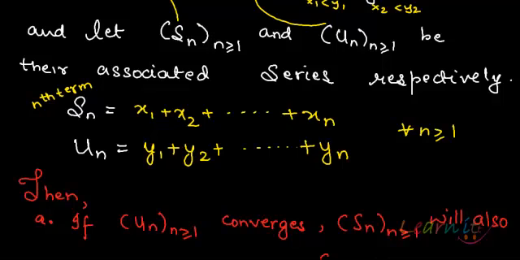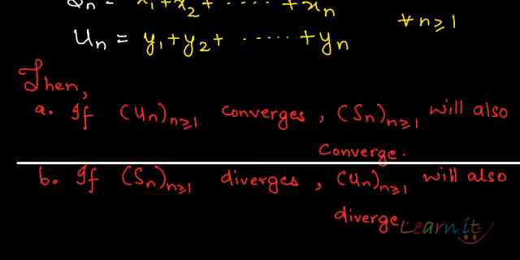Then we observe that if Un converges, then Sn will converge. Now you understand your xi's are less than or equal to yi's for all i greater than or equal to 1.